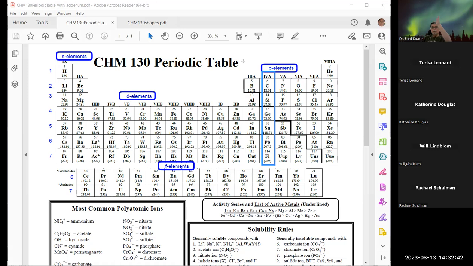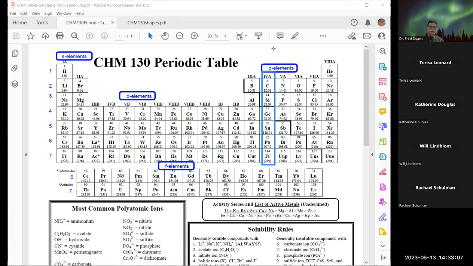Whether I lose or gain depends on the reaction conditions. Anything over 5, so 5, 6, and 7, Roman numeral 5, 6, and 7, gain electrons. Anything less, groups 3, 2, and 1, lose electrons. And the ones on the fence, group 4, depend on reaction conditions.